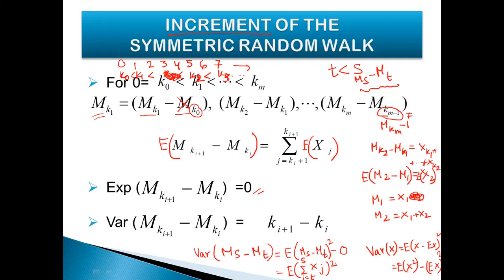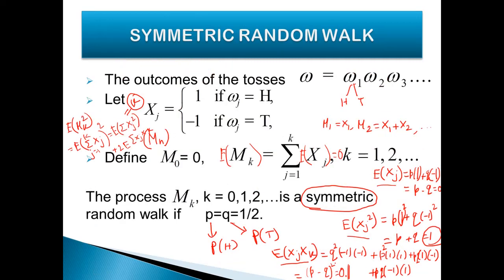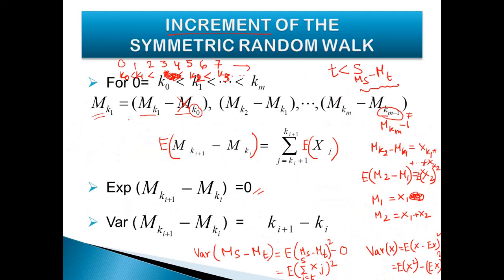This one you already found, this one. Okay, so it's this one equals to k. So if you have t and s, you will get it as s minus t. It's the summation from t to s, so it's s minus t.